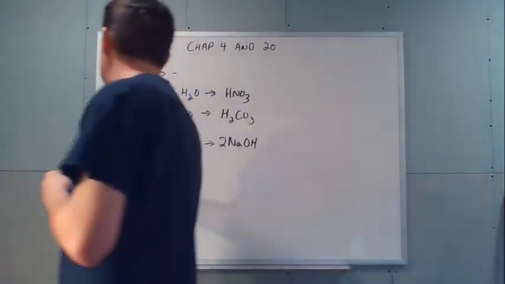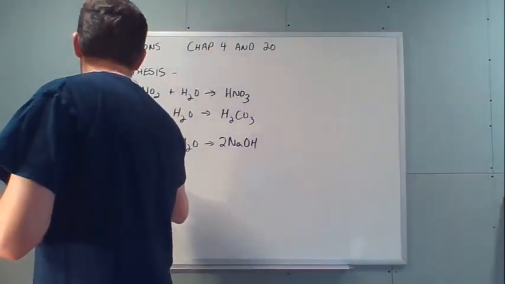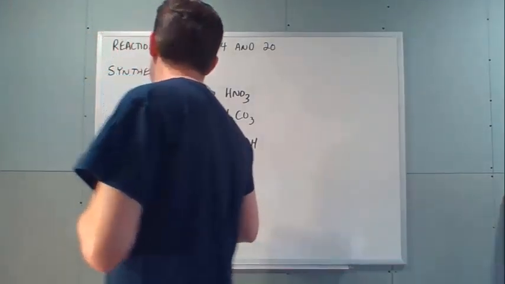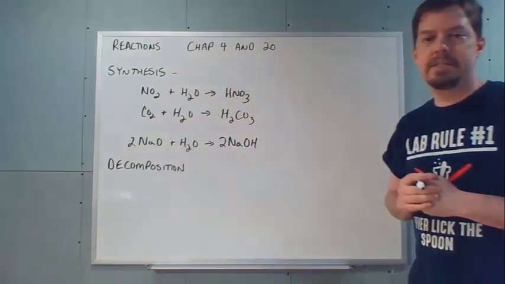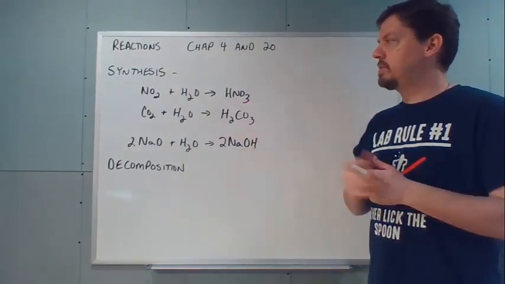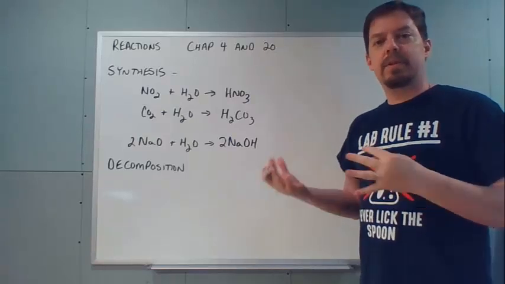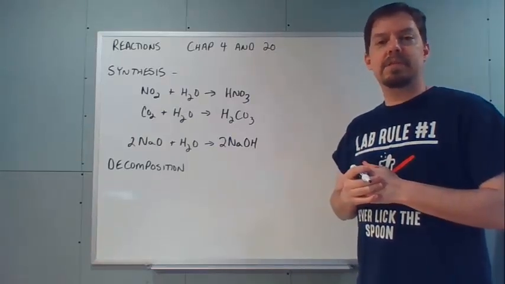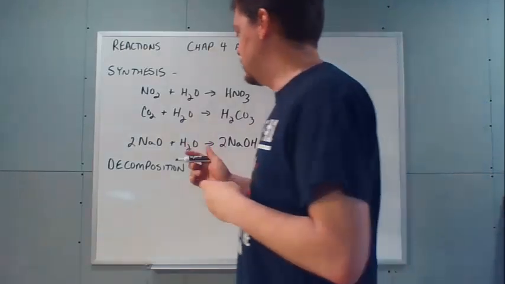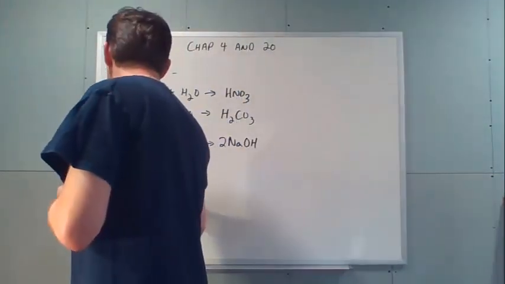After synthesis, we know that we have decomposition. Decomposition is taking stuff apart. So not only do you have the reverse of these, which can happen, but there's also a couple other decomposition reactions that are pretty popular and pretty common that College Board uses and colleges use.